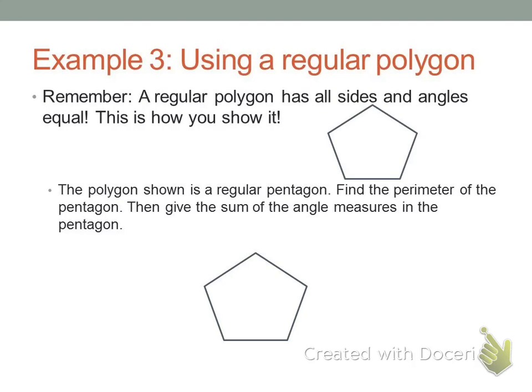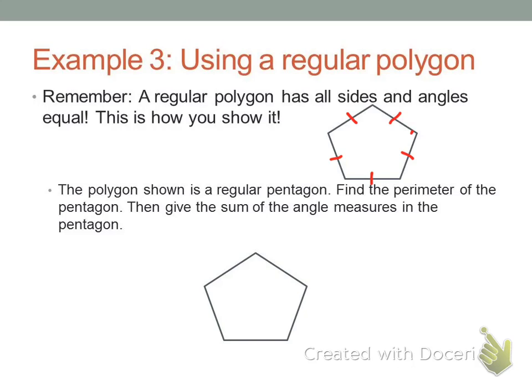Do you remember what I said about a regular polygon? I have the definition here. What is it? All sides and angles are equal. They're all equal. And this is what you'll see if it truly is regular. You'll see a dash, and it will only be one because it shows that all of the sides are equal.